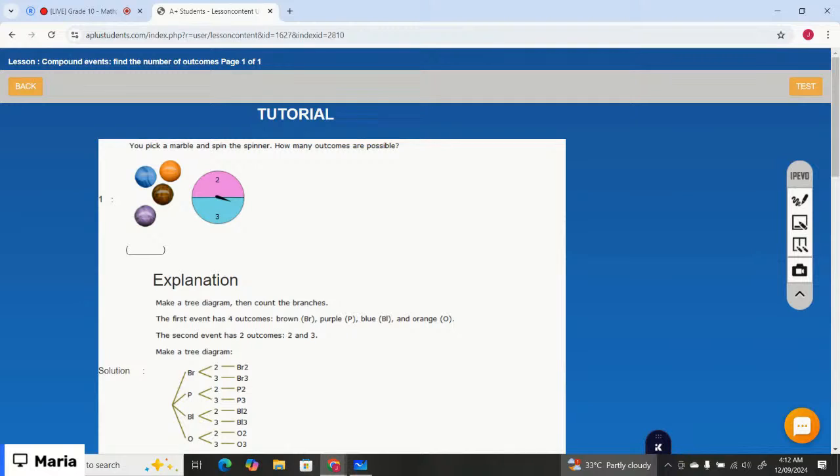So we have two events. One of them is the marble and the second one is the spinner. So together they make a compound event, right? So compound event means more than one event, right?